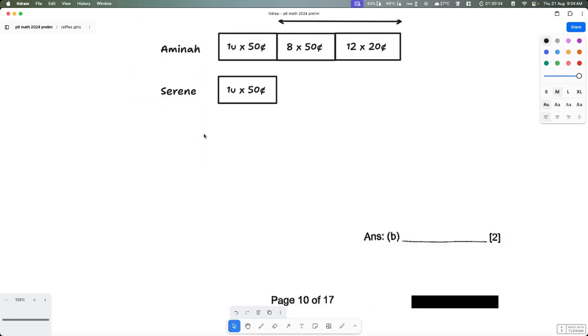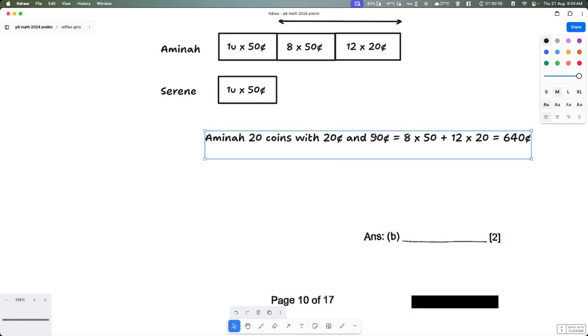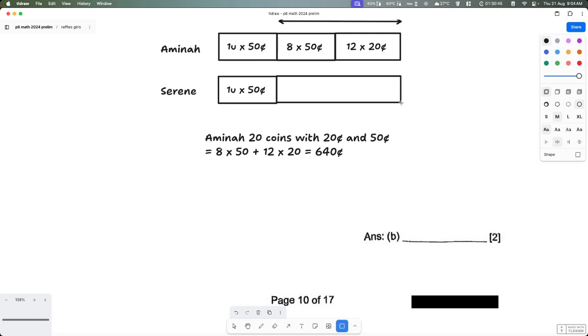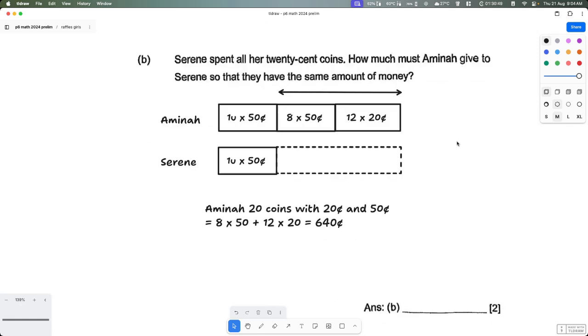Amina's coins is equal to 640, and then she doesn't have this anymore. So how do you make it equal? So that they have the same amount, we just divide this by 2.